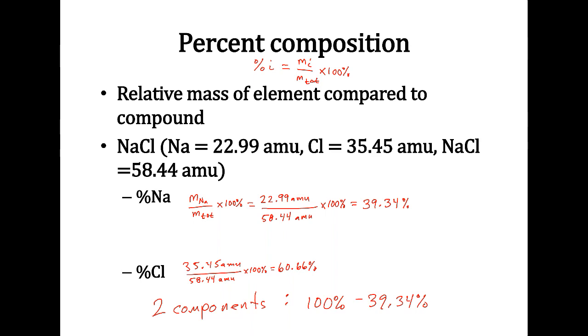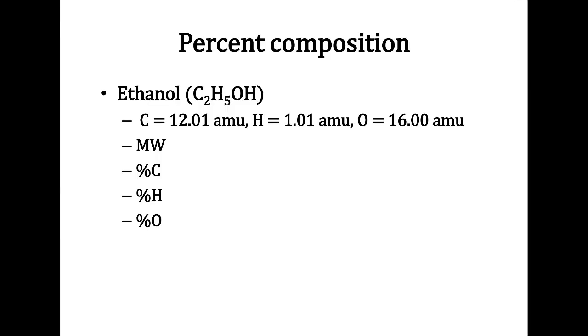All right, let's do one more example. Let's calculate the percent composition of carbon, hydrogen, and oxygen in ethanol. In this particular instance, I've given you the masses of each of the atoms, and before we do anything, we need to find the molecular weight. In this formula, there are 2 carbon atoms, so we'll have 2 times 12.01 AMU.